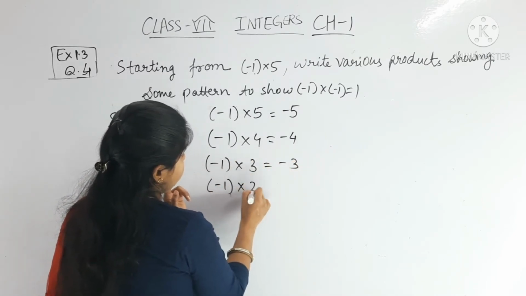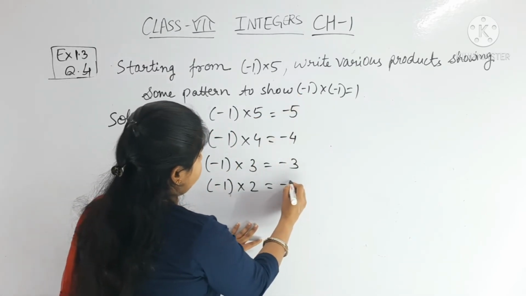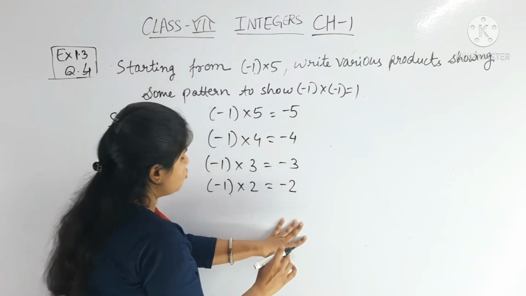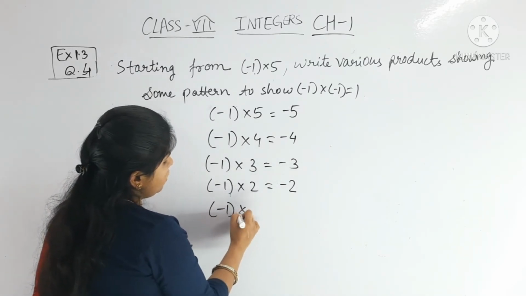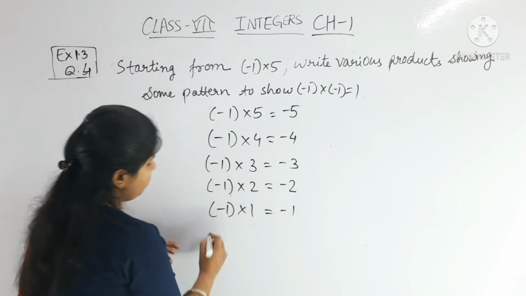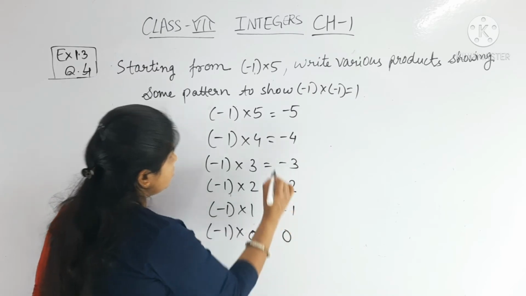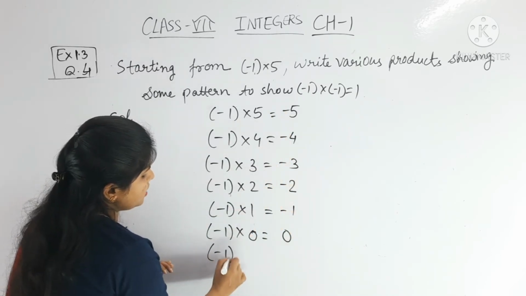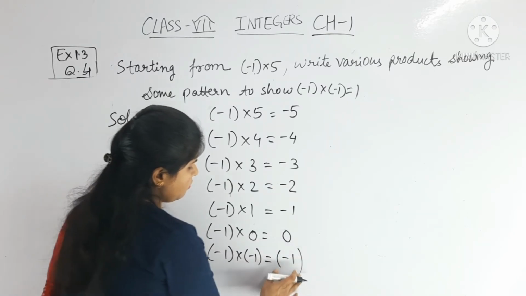Minus 1 into 2, you have to decrease the order up to minus 1, is minus 2. Then minus 1 into 1 is minus 1. Then minus 1 into 0 is 0. Then minus 1 into minus 1 is equal to 1.